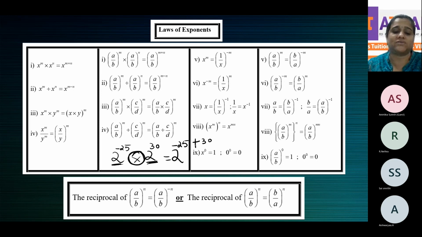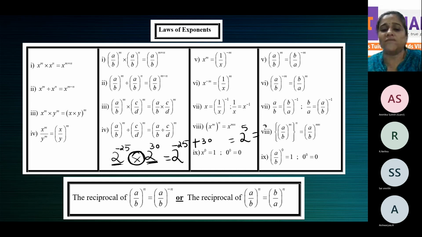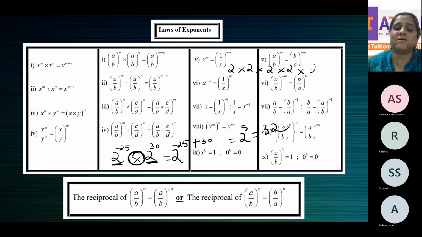So it is 2 raised to the power minus 25 plus 30, which is 2 to the power 5, because 30 minus 25 is 5, and 2 to the power 5 is 32. That is 2 multiplied with itself 5 times.